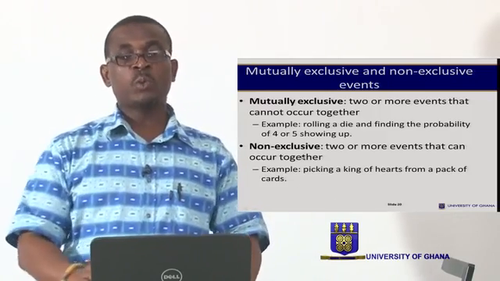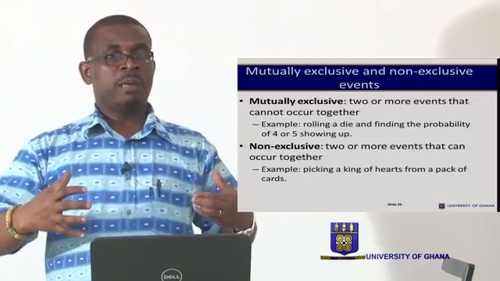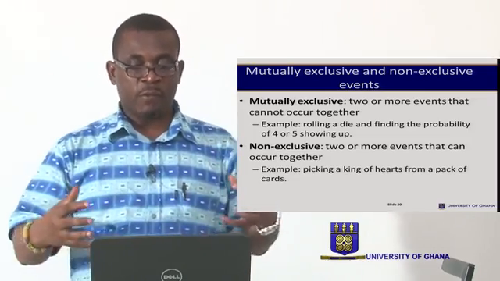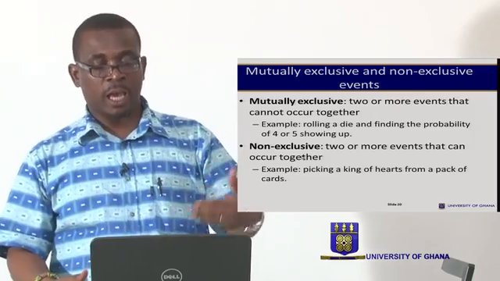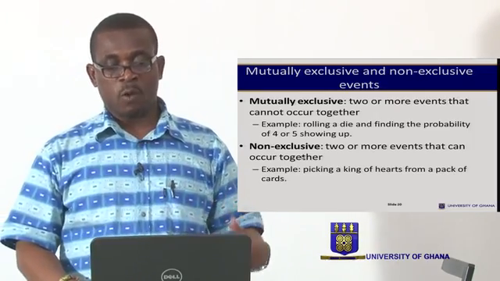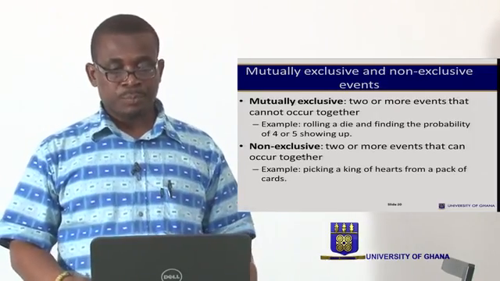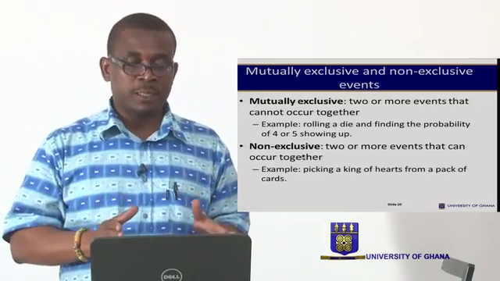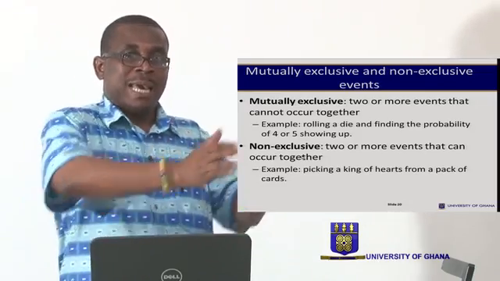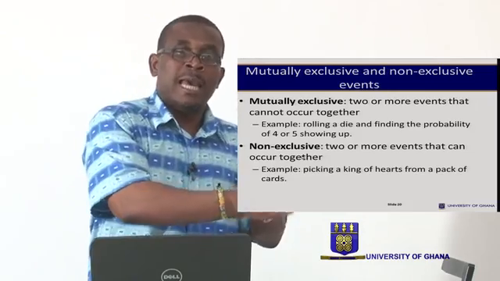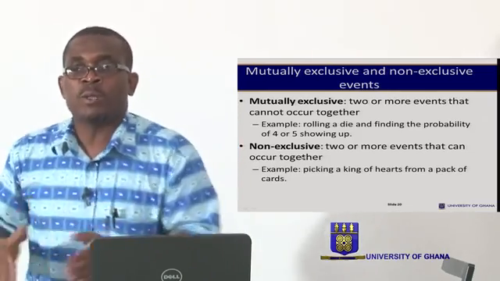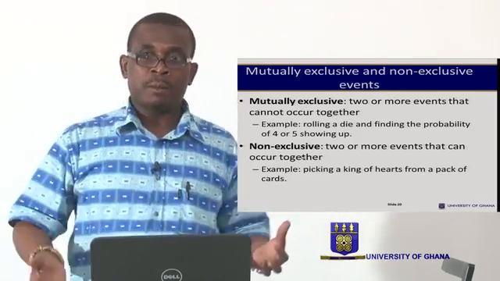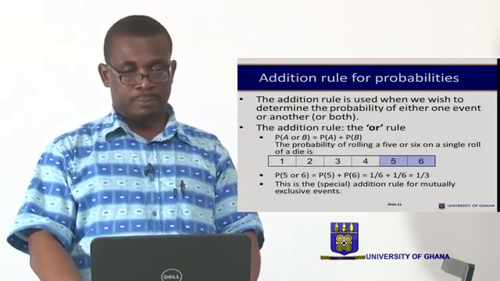But when they are non-exclusive, it means both events can occur together. For example, picking a king of hearts from a pack of cards. So in the first place, you can pick a king, right? And that king can also be what? A heart. So they can occur together.